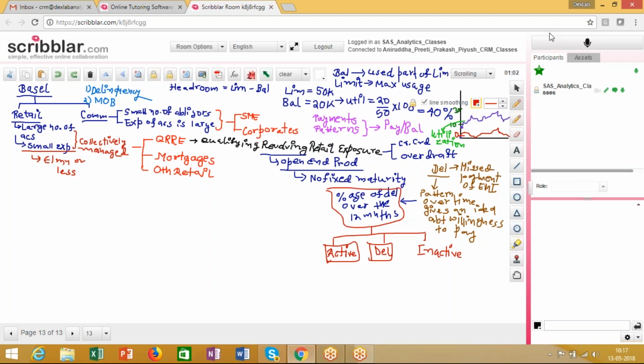So these are some of the variables that you can design over here. So the delinquency variable is a very important variable for model development, for developing these behavioral models.